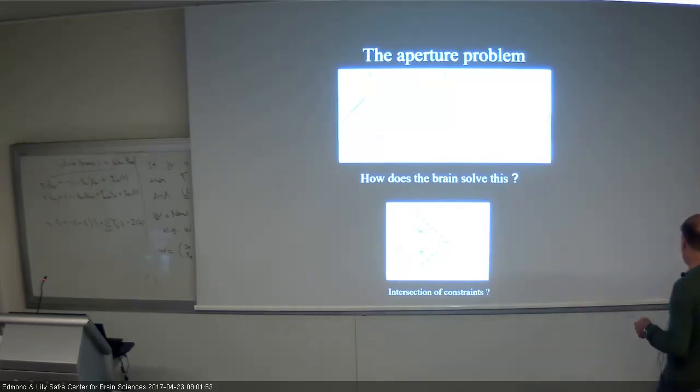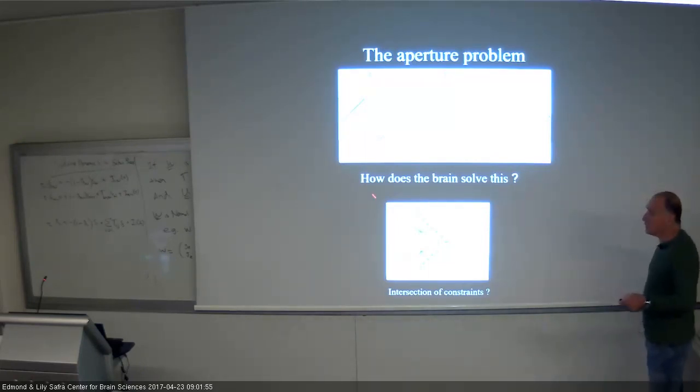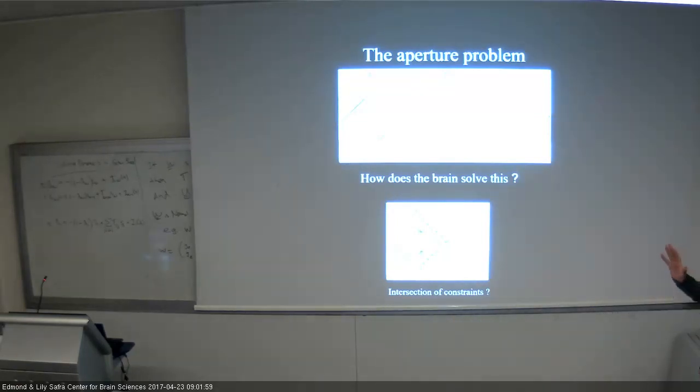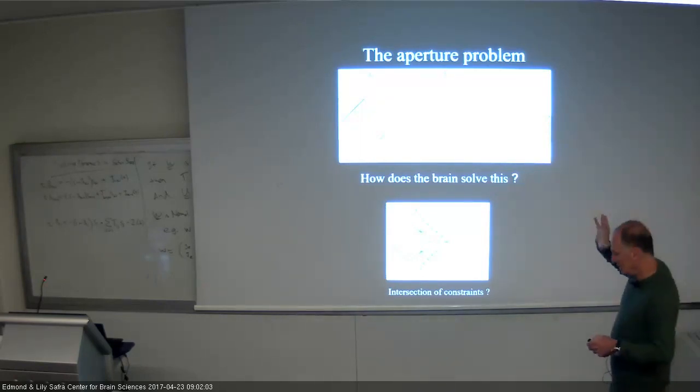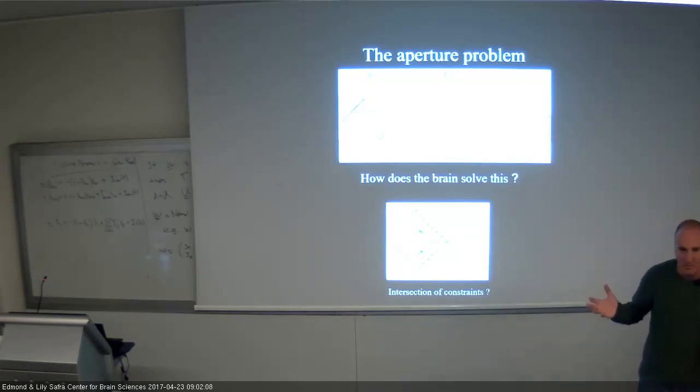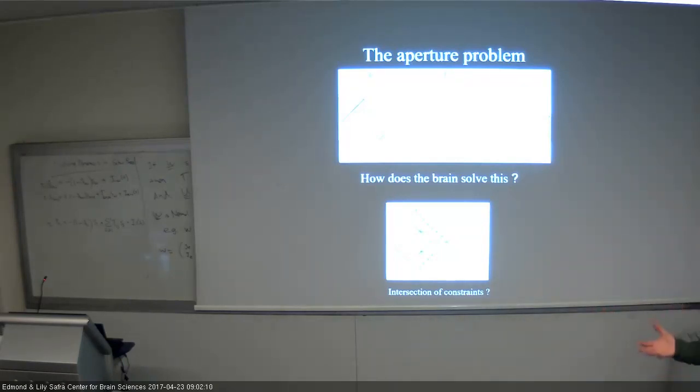Another interesting aspect: remember that I said some neurons in V1 are motion selective, and the next area, where 80 to 90% of the neurons are motion selective, is MT. Well, in MT you can find some cells called component cells.